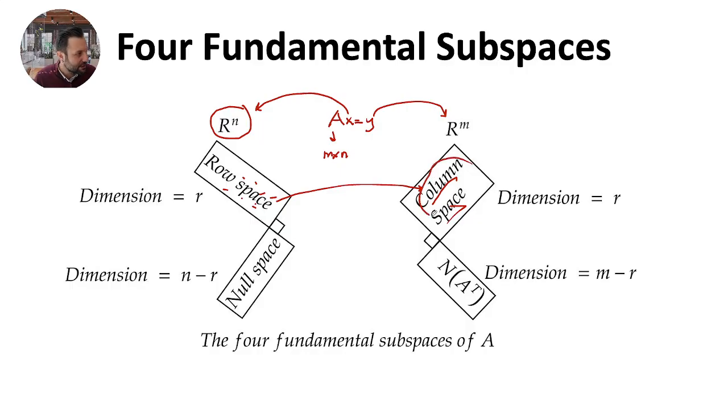This is the living space of your output, right? And your vectors here in the row space go to some other vector in the column space, which is a subspace of the m-dimensional vector space, R to the m. R to the m is everything in m dimensions, but the column space is a subspace of that.